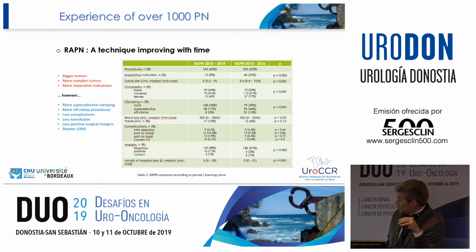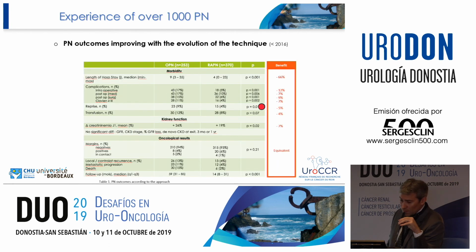So the decrease was about 12% for intraoperative complications, 7% for medical postoperative complications, and 9% for postoperative surgical complications. At the same time, you see that we also decreased the transfusion rate, and we also improved the renal function for our patients postoperatively.